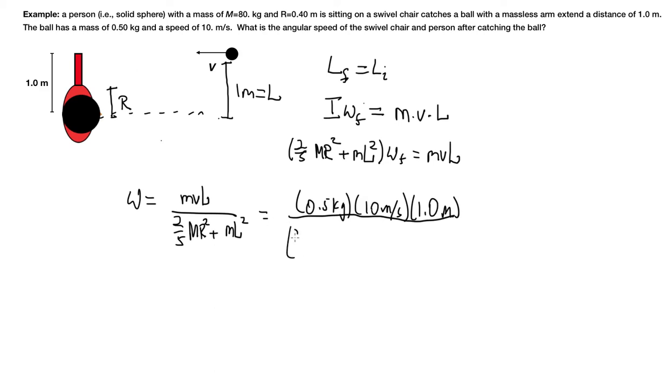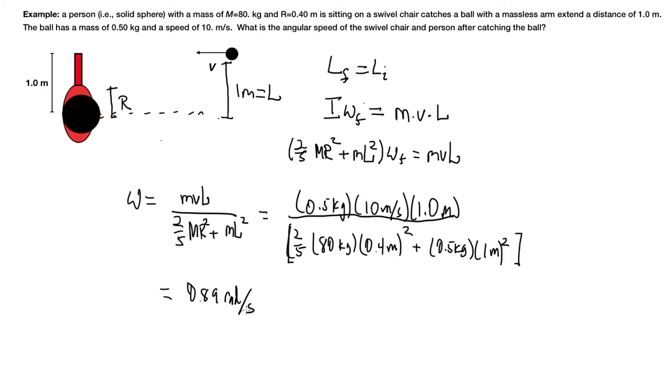Divide that all by 2/5 times the person's mass, 80 kilograms, times the radius, 0.4 meters squared, plus the little mass, which is 0.5 kilograms, times the 1 meter squared. And once we calculate that all out, you just get 0.89 radians per second.